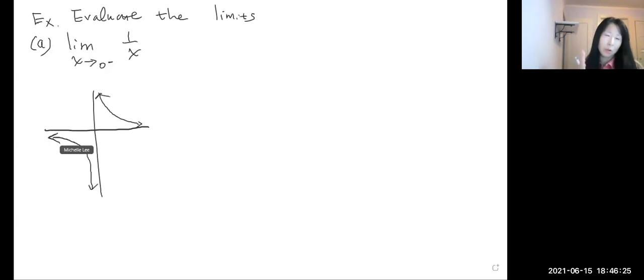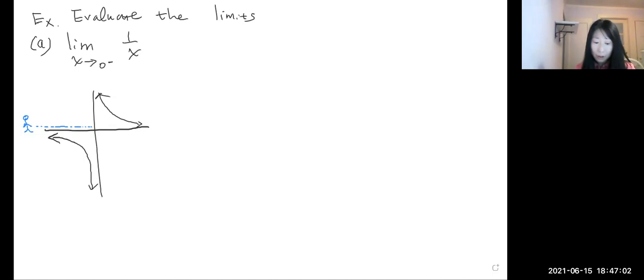And then there's the asymptote when x equals 0, right? Now, x approaches 0 from the left, right? I'm standing here, going toward x equals 0. So what is the function value? Looking at the graph, is it negative infinity?